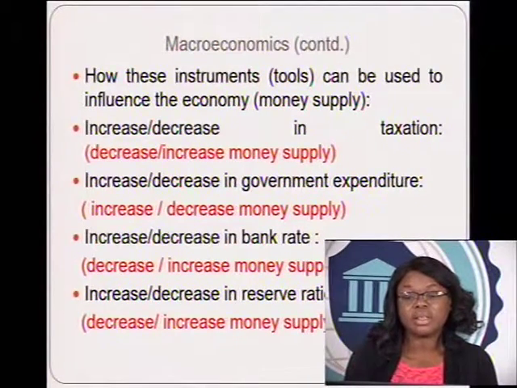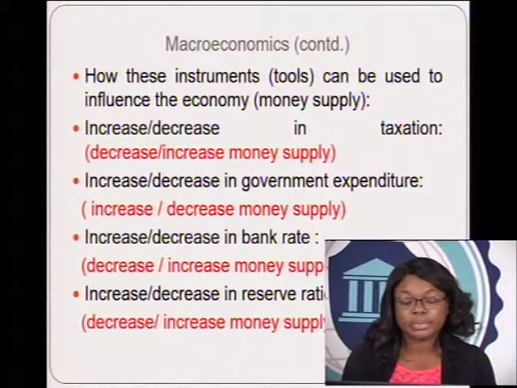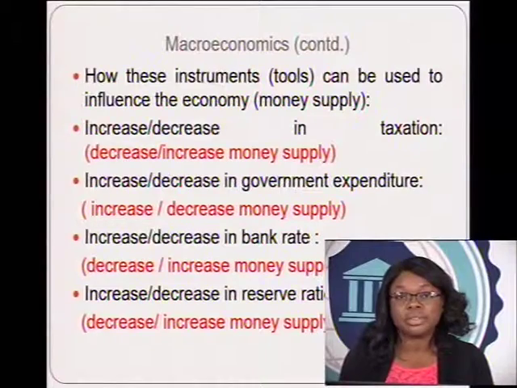Let's start with the fiscal policy. Remember, the tools of fiscal policy are government expenditure and taxation. If the government increases taxation, what does this do? It basically decreases money supply. And if the government decreases taxation, this increases money supply. You can see how fiscal policy works.